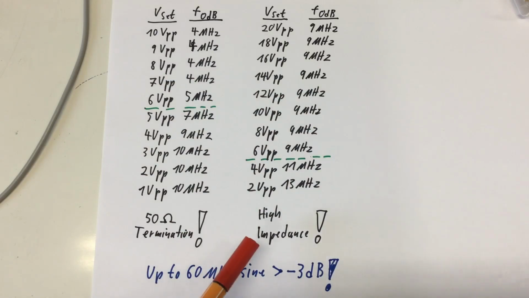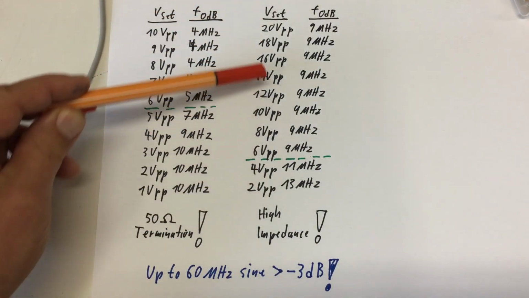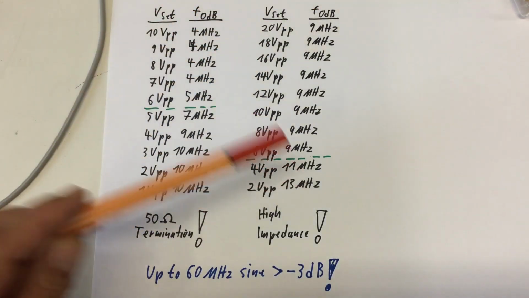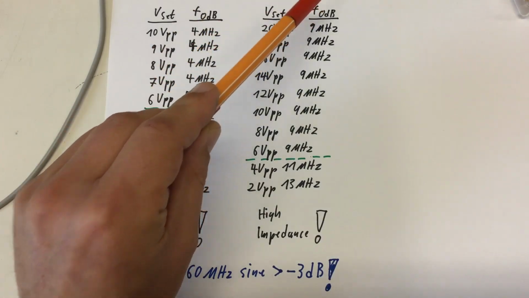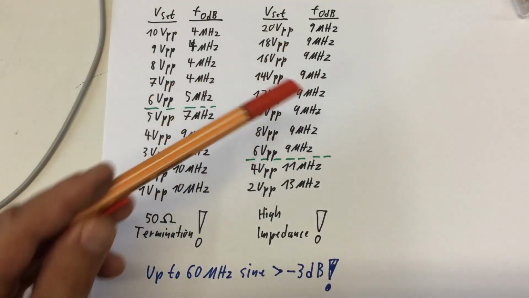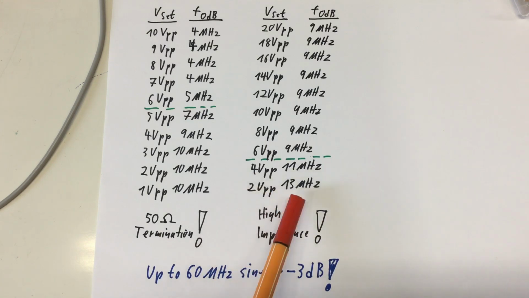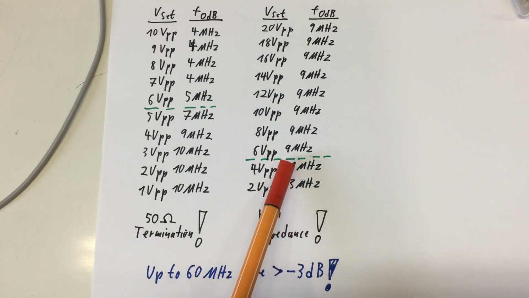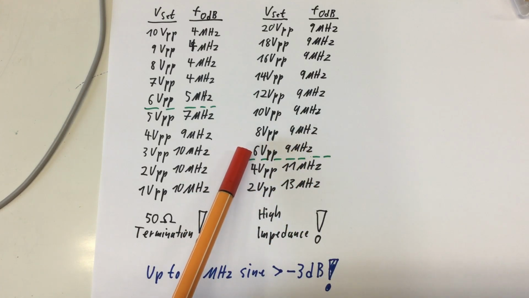When we connect high impedance oscilloscope probes directly to the unit, we see another picture. As we increase the VZ voltage on the unit, the frequency where we actually get exactly the VZ voltage out, so 0 dB dampening from the output stage or whatever within the function generator, we start at 13 megahertz at 2 volts peak to peak, and that quickly drops off to 9 megahertz at 6 volts peak to peak set voltage.